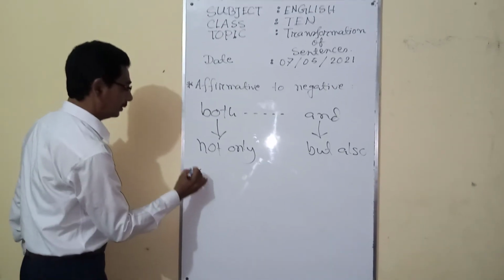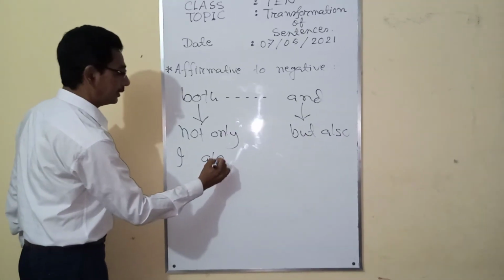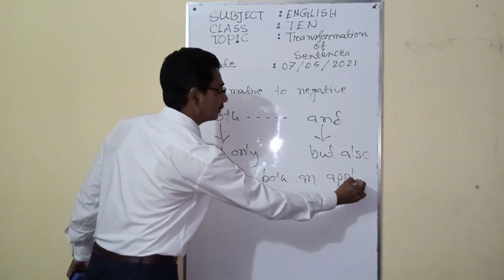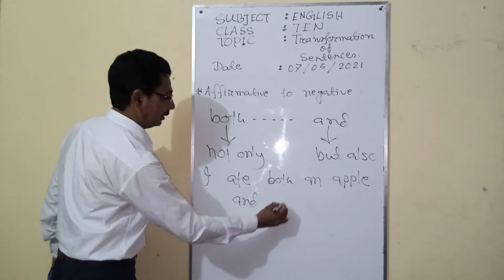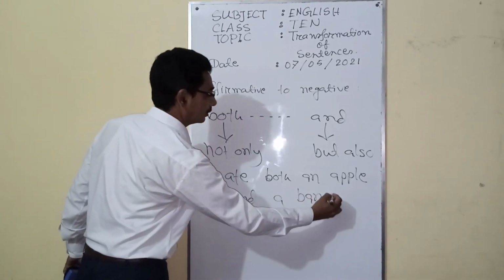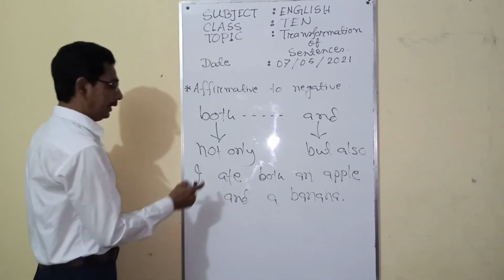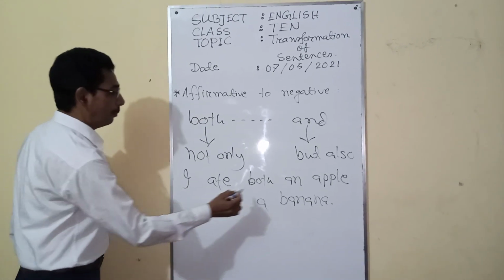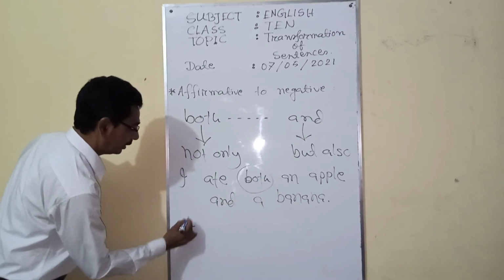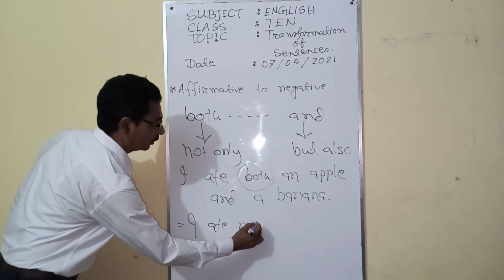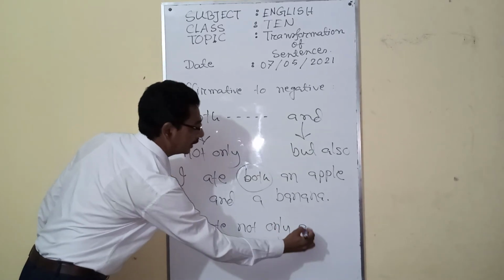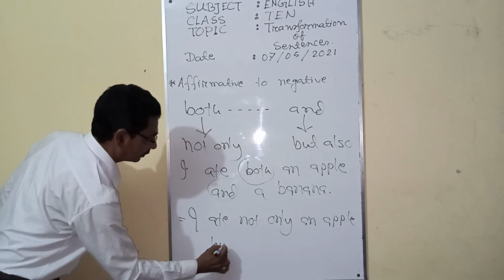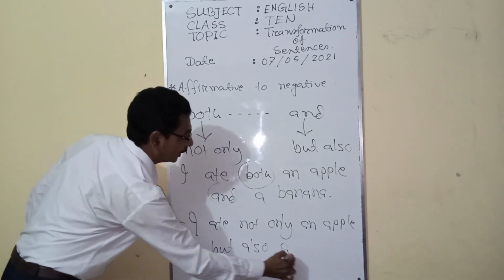For example, I ate both an apple and a banana. You will change this sentence from affirmative to negative. For both, you will write here: I ate not only an apple but also a banana.